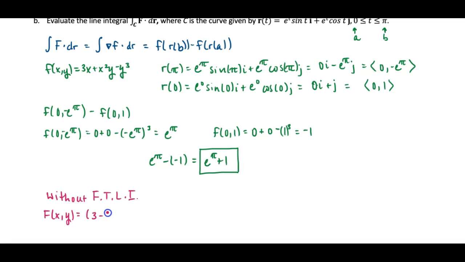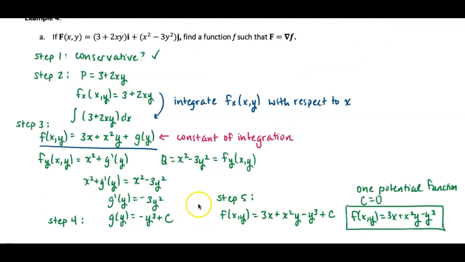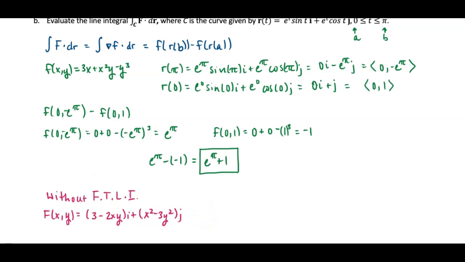Is it 3 minus 2xyi plus x squared minus 3y squared j? Okay, this is just a plus.